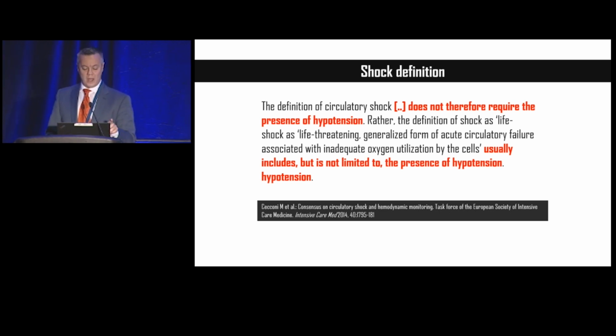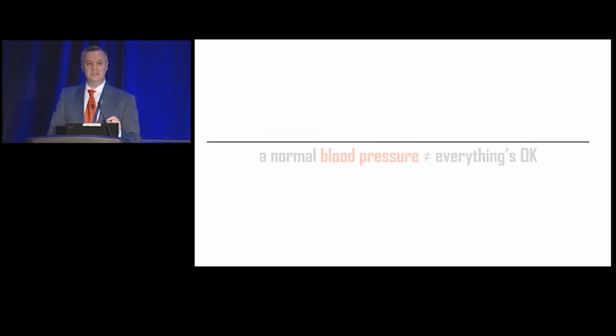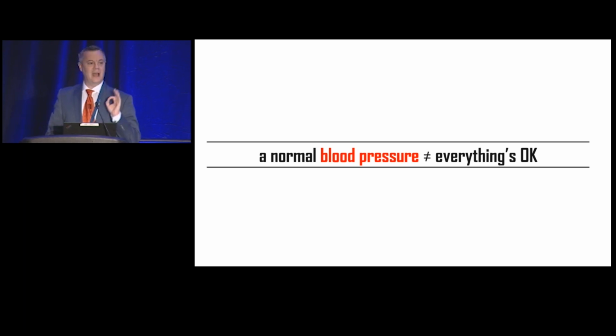And this is the reason why, when you look at the official or classical definition of shock, you will see that hypotension is usually present during shock, but it's not necessary for the definition of shock. So it's important to keep in mind that a normal blood pressure doesn't mean that everything is okay.